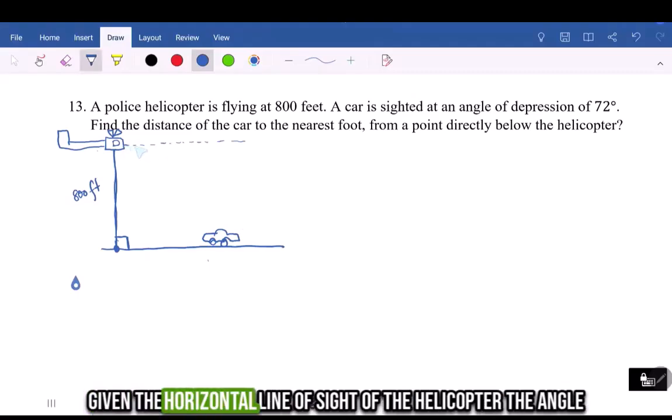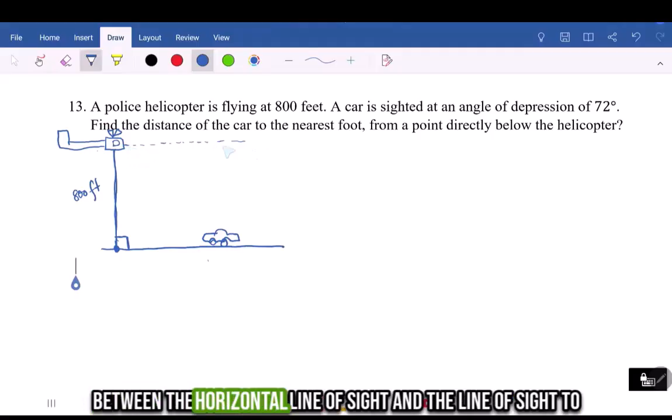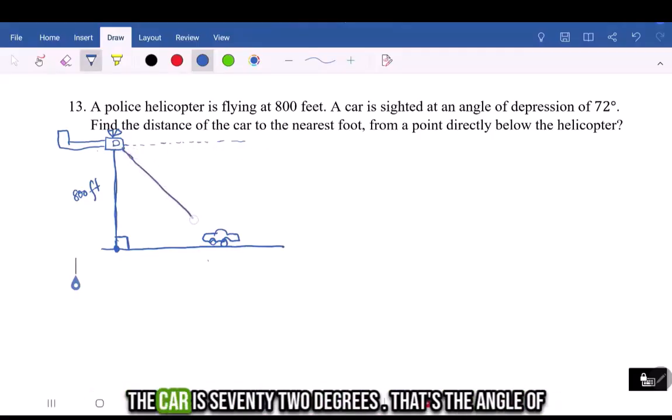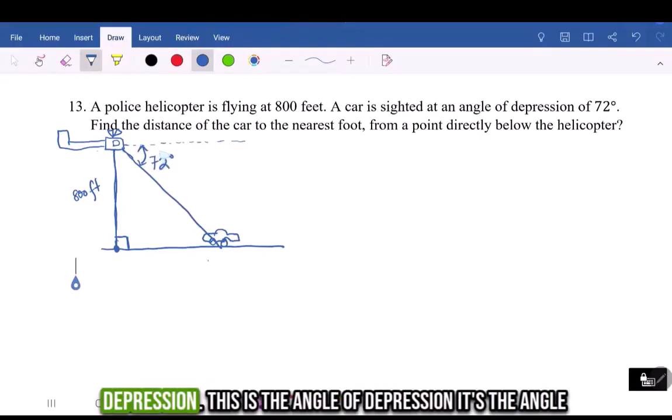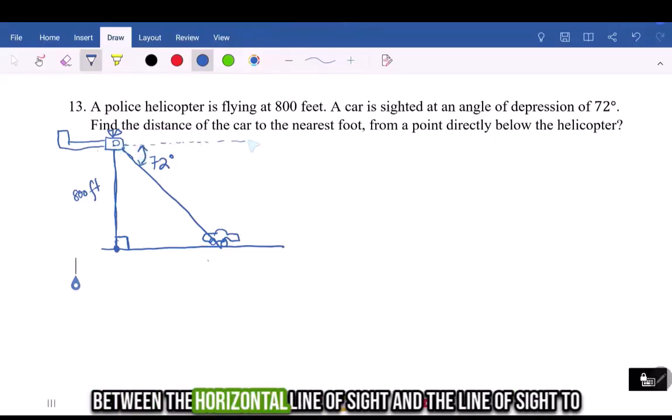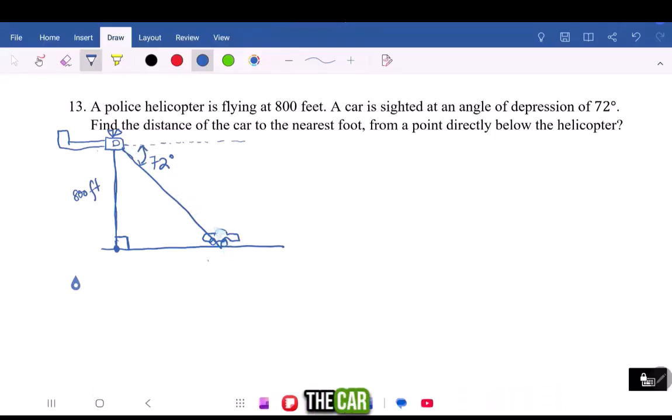So given the horizontal line of sight of the helicopter, the angle between the horizontal line of sight and the line of sight to the car is 72 degrees. That's the angle of depression. It's the angle between the horizontal line of sight and the line of sight to the car below.